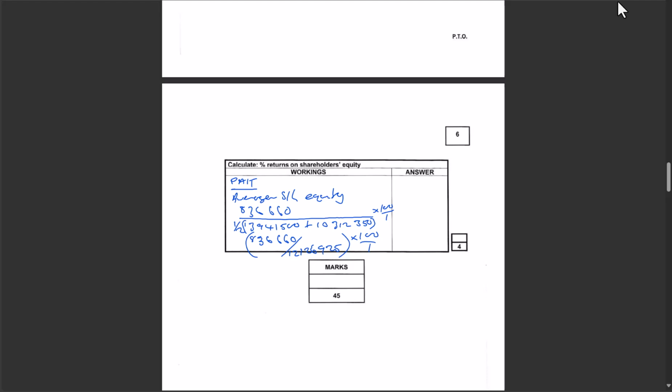So that will be 836,660 divided by 12,126,925 times 100. That's round about 6.9%.